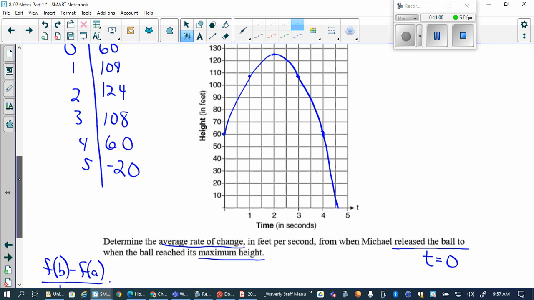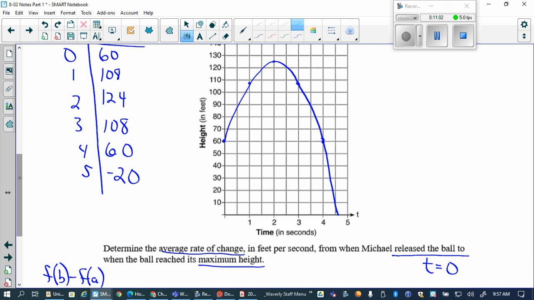Okay. Now look at your graph. What is the t value for the maximum height? The t, the time. So the maximum height is right here. That's the 2. That's t equals 2. That is the maximum height.